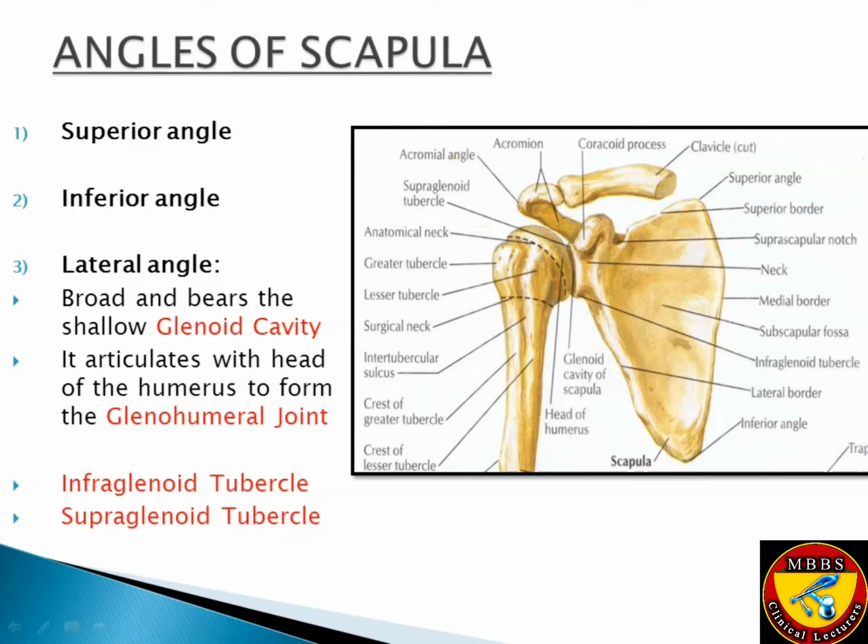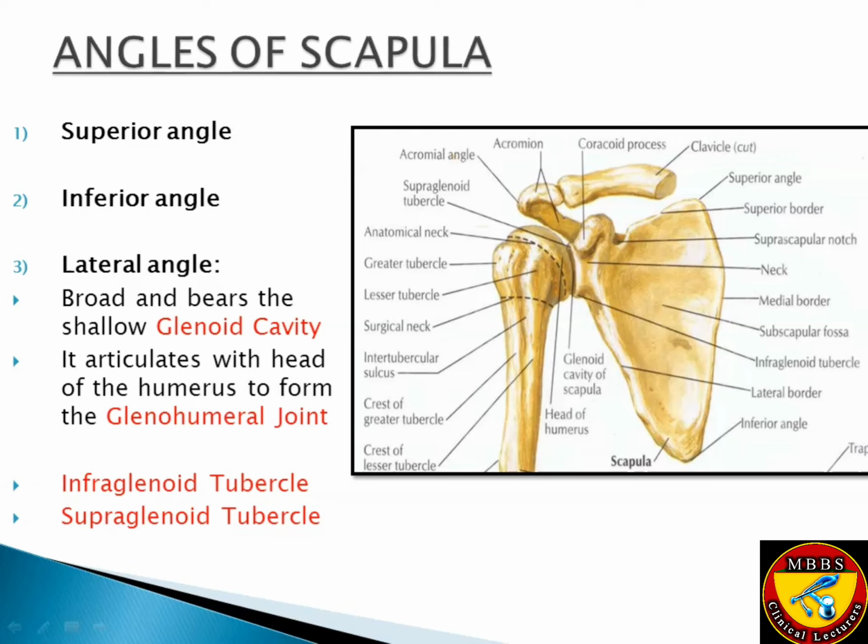So, the shoulder joint is formed between the humerus and the scapula. The glenohumeral joint, also called the shoulder joint, is formed between the glenoid cavity of the scapula and the head of the humerus.